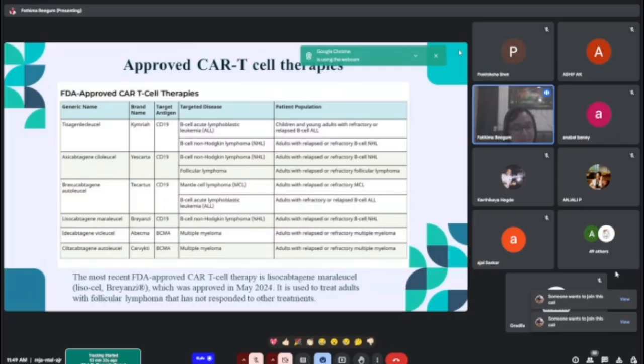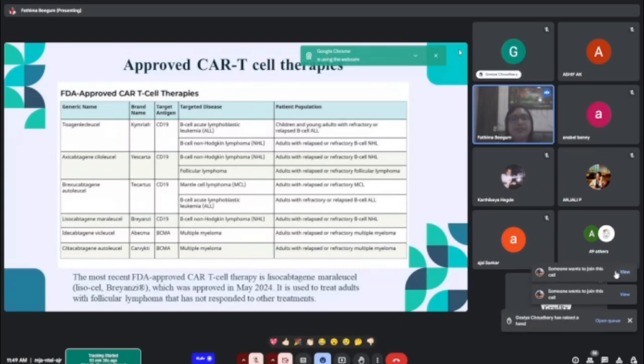Then idecabtagene vicleucel. Then ciltacabtagene autoleucel. All the different FDA-approved CAR T therapies that are available are mainly used for B cell non-Hodgkin's lymphoma as well as multiple myeloma. As I told you, refractory and relapsed leukemia, I mean lymphoma, is always treated with the help of these FDA-approved CAR T cell therapies.